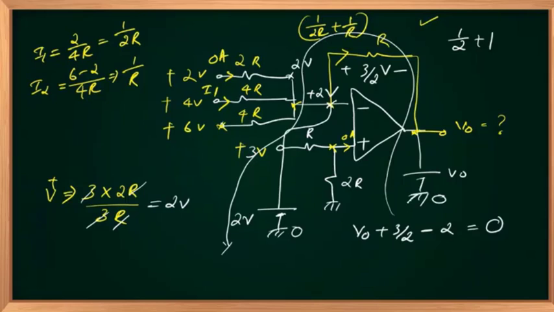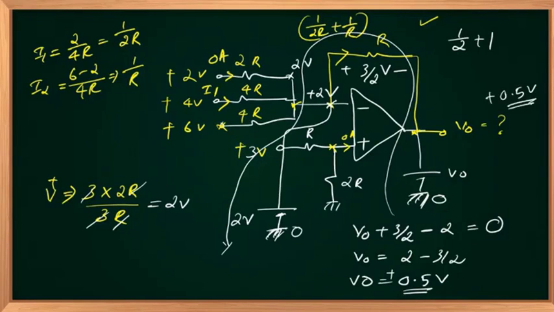It's a closed loop starting from 0, ending at 0. So V out is nothing but 2 minus 3 by 2, that's 0.5 volts.